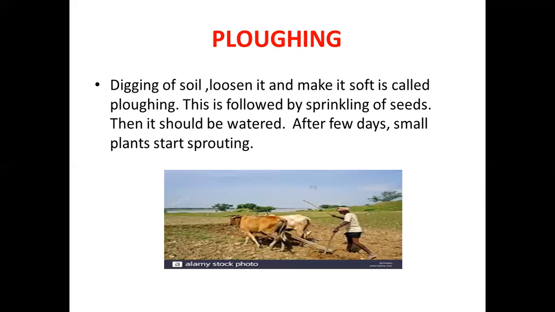He makes the soil particles loose and makes the soil soft. Then, if the soil is made soft, when he sows the seeds in that, the seeds will grow better. So, for that purpose, he digs the soil, loosens it and makes it soft. This process is called plowing. So, digging the soil, loosening it and making it soft is called plowing.